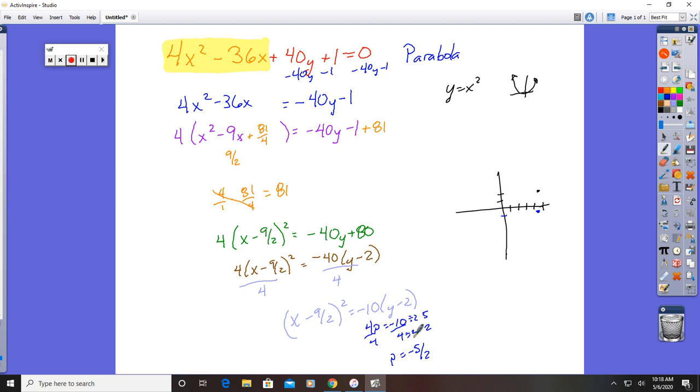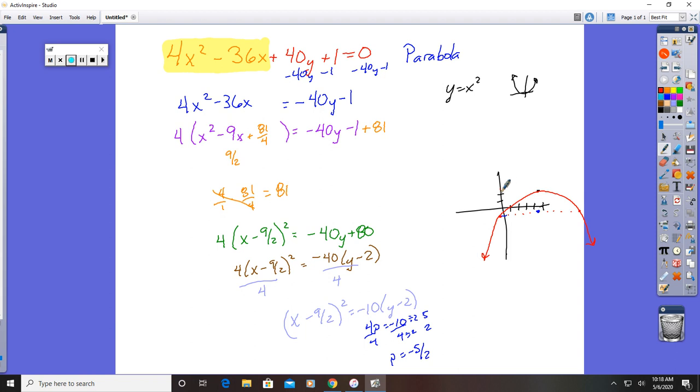Okay, and negative 10 is the distance across here. So if I go to the left 5, 1, 2, 3, 4, 5, and to the right 5, 1, 2, 3, 4, 5, I now know how my parabola is going to look. Something like that.